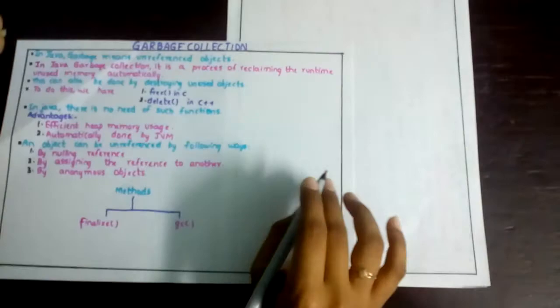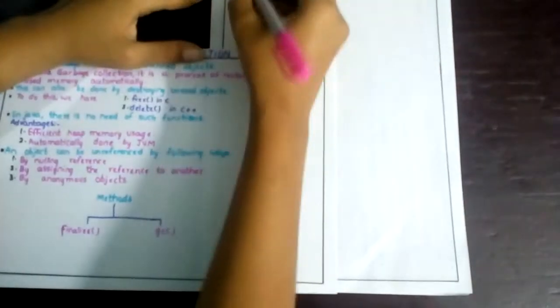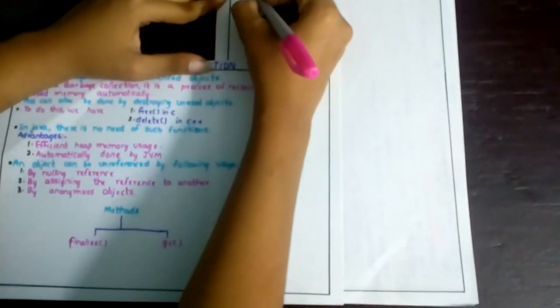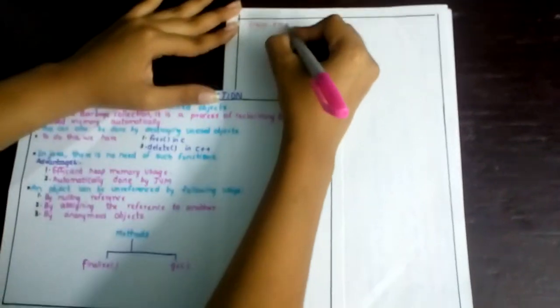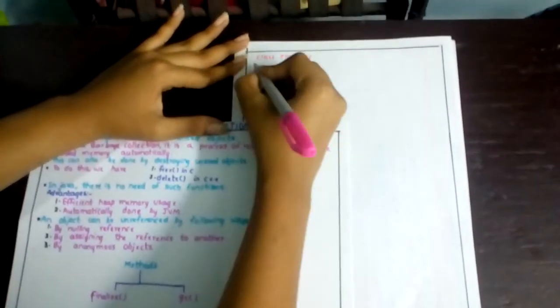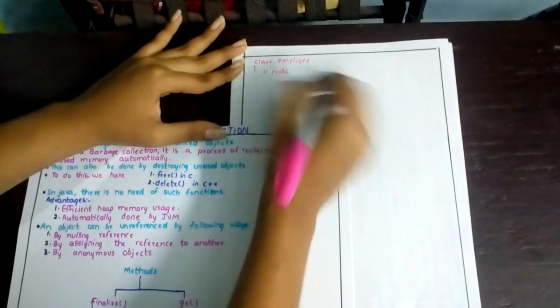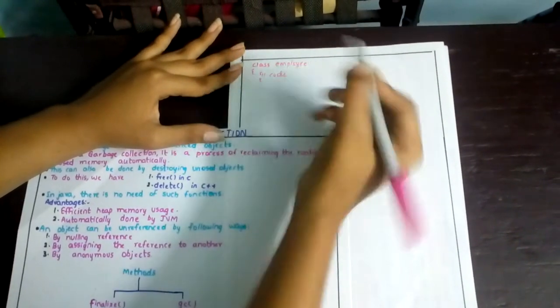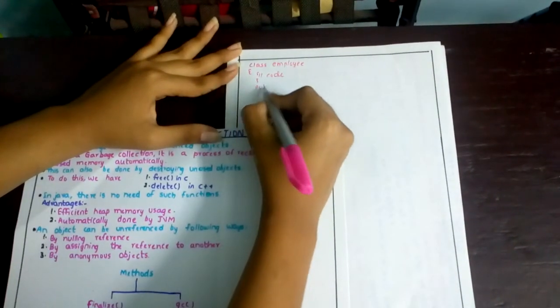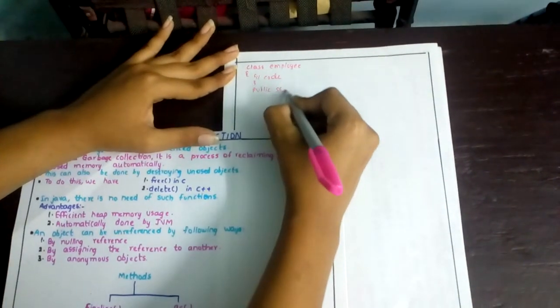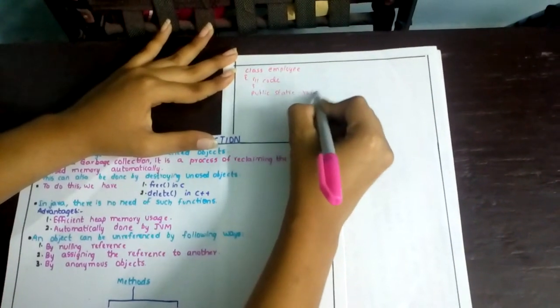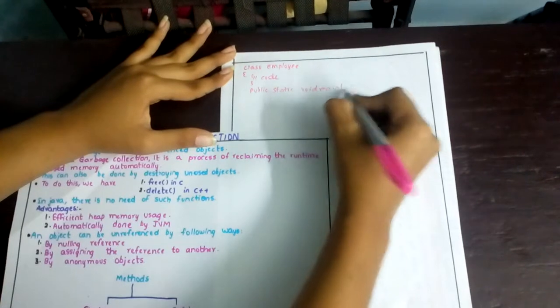First of all, consider a class named Employee. Class Employee, and here is the code for the Employee class. After completion of the code and all the methods here, now we come to our final method, public static void main of String args.